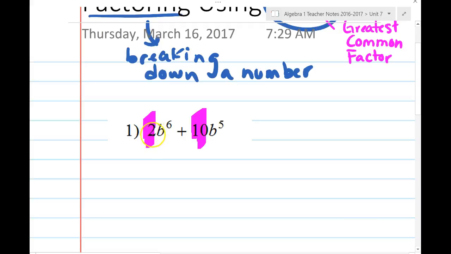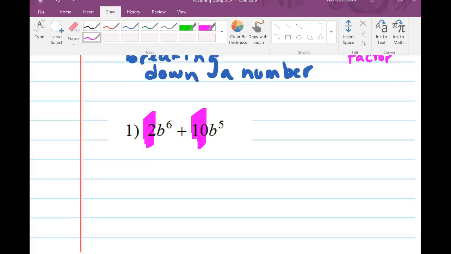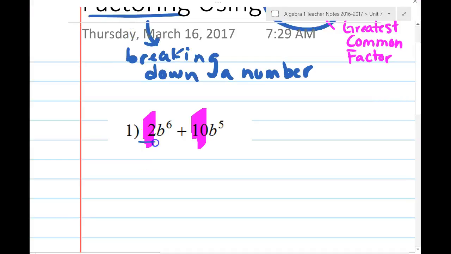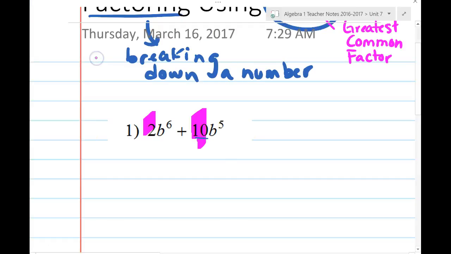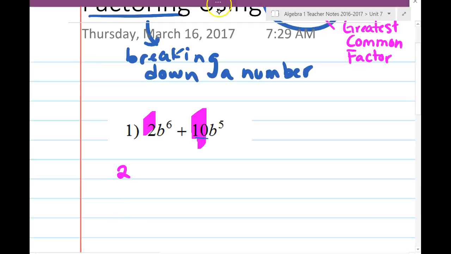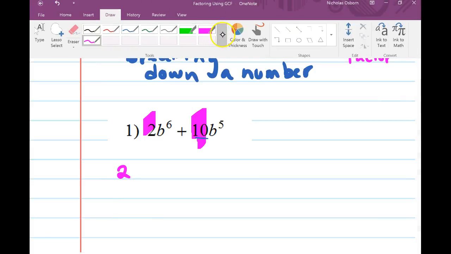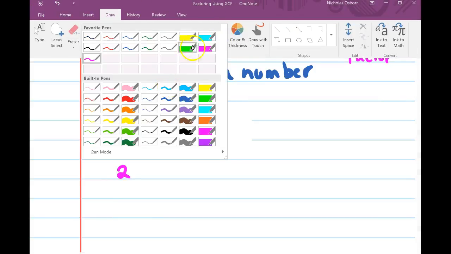I know I can divide 2 into 2 itself. I know I can divide 2 into 10. So that is a common factor between the two. So then on the next step, I'm going to write that number, 2. But I'm not done yet. That's just the common factor between those two numbers.